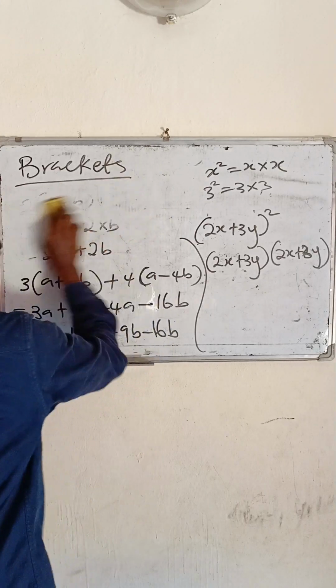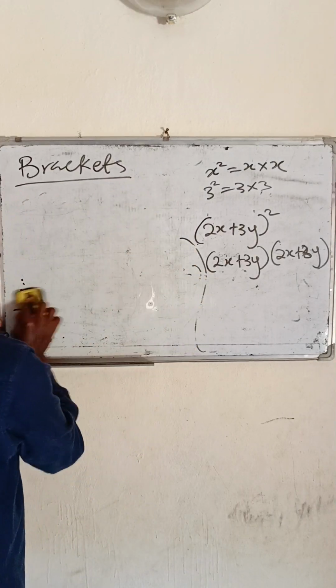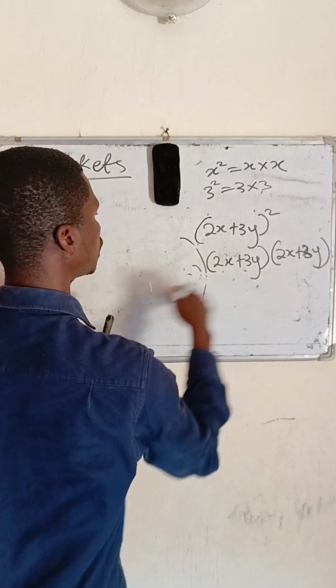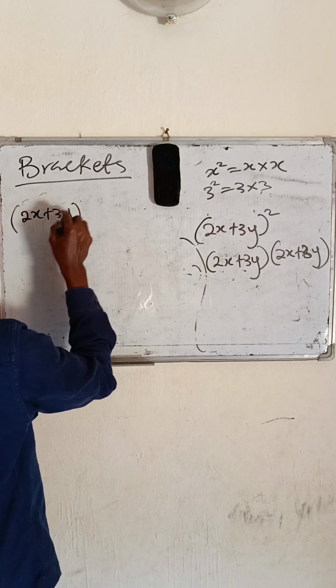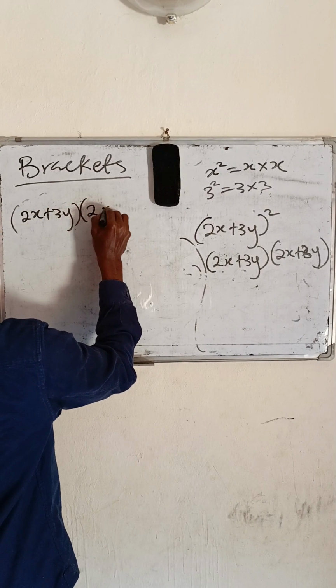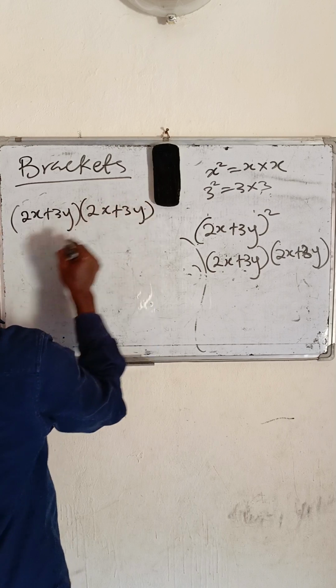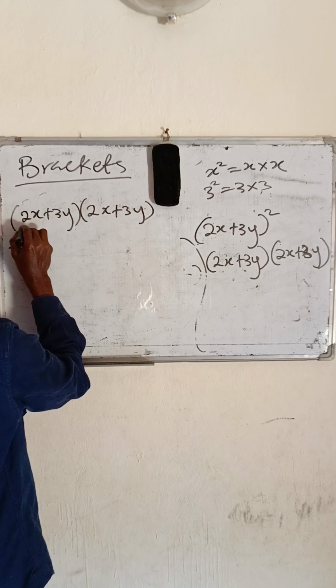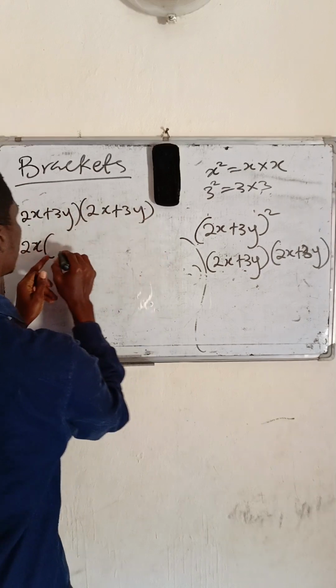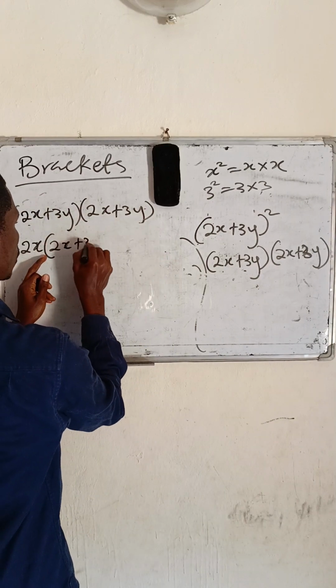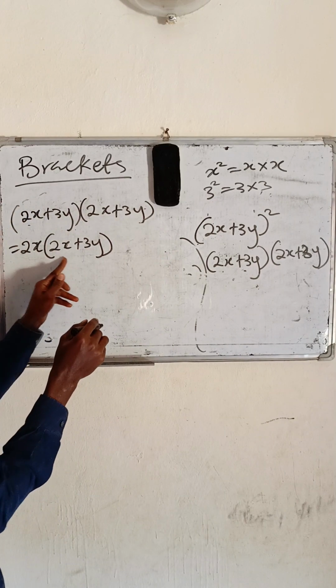It's very simple. We have 2x plus 3y and 2x plus 3y. Now use the first one, 2x, to multiply this bracket, 2x plus 3y. Are you seeing it now?